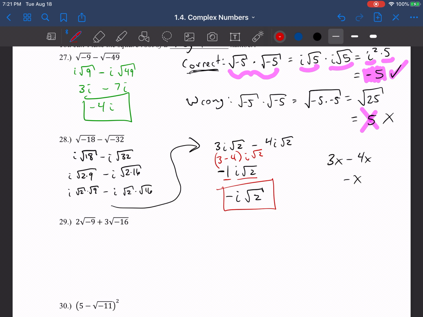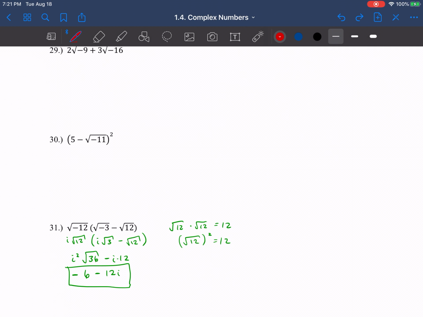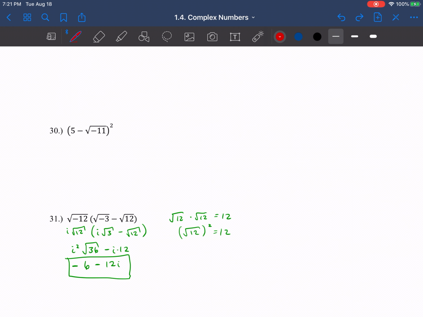Okay? The next ones I also left for you to try and do some practicing on. If you have trouble with it, let me know and I can tell you what the answers are. I did this one down here for you. This one you're just going to go through and distribute as you do this. So be careful with that, especially here. This is not square root of negative 12, so be careful with that.